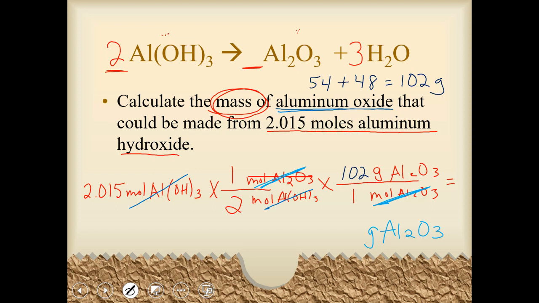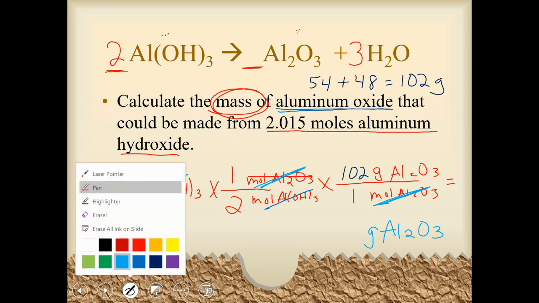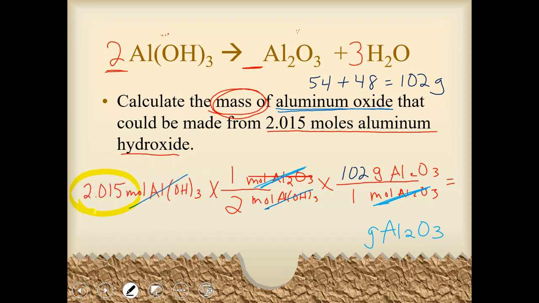How do I arrive at the number? I am going to take the 2.015. I'm going to multiply by 1 and divide by 2. And then I'm going to multiply by 102 and divide by 1. So I take 2.015 times 1, divide by 2, times 102, divide by 1.